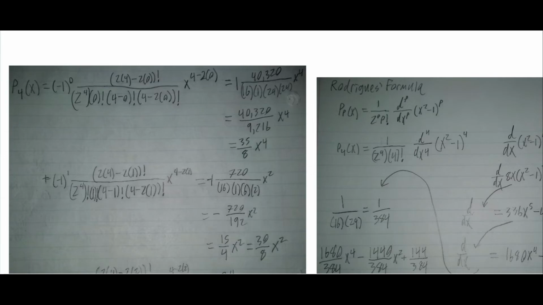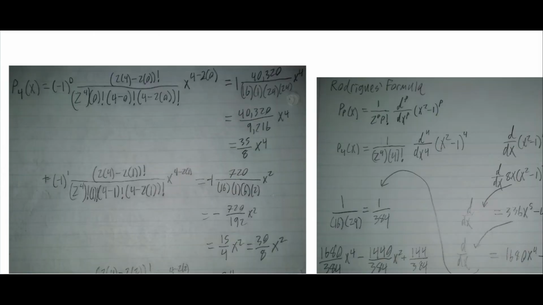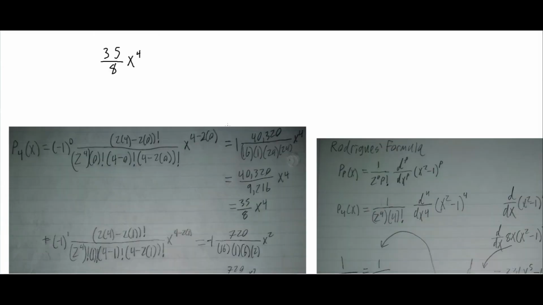And then 4 minus 2 factorial is just 2. And then 4 minus 2 times 1 is 2, so x squared. We end up getting this 720 over 192 x squared, which gives us 15 fourths x squared. If we want to give that a common denominator with our first term, that is 30 over 8x squared.